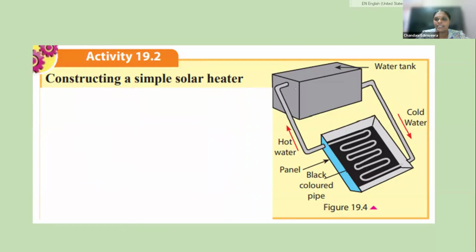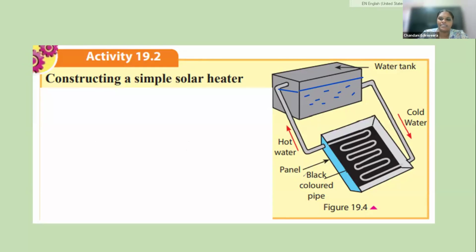In this upper tank they fill the water, and the water is up to this level. And these black colored pipes are there, and the pipes and this panel and all these are covered with black color.